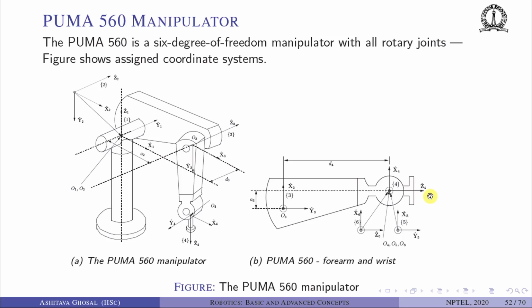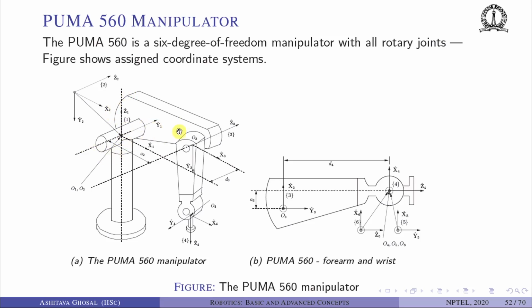Once we have all this, Z1 through Z6, we can now determine X1, X2, X3, X4, X5, and so on. So what is X1? X1 is the common perpendicular between Z1 and Z2. Z2 is in this direction, Z1 is in this direction, so these two axes are intersecting. So this is a special case.